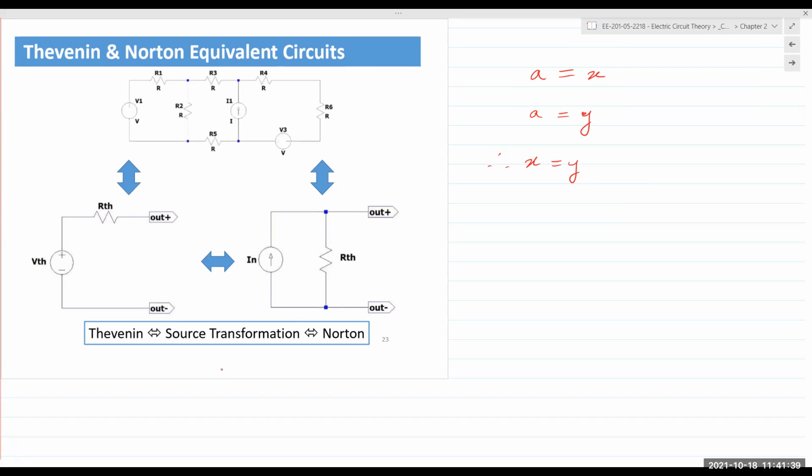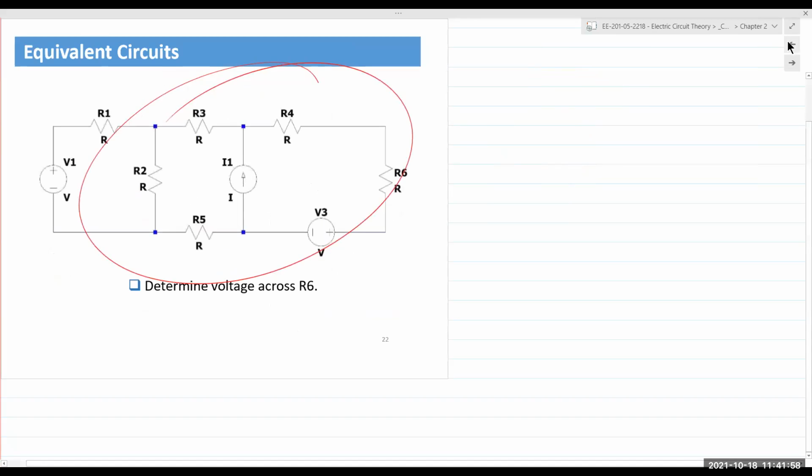We will take a look at a couple of examples of source transformation after we get done with Thevenin later on in this chapter. It is not a technique that I personally prefer to use a lot because it can get complicated. If you look at this circuit right here, we can see that V1 and R1 are in series, connecting at those two points.